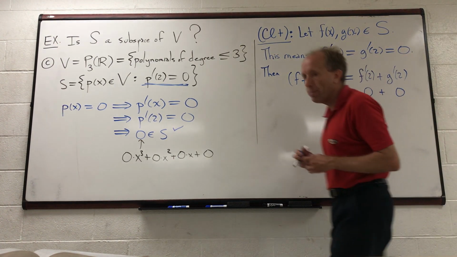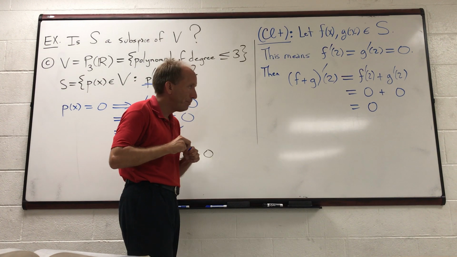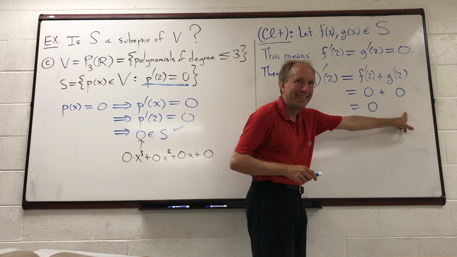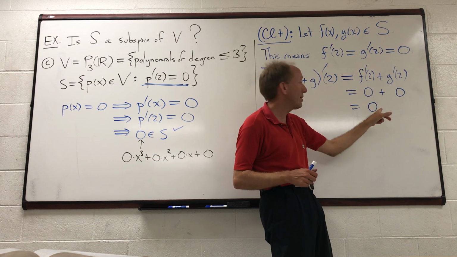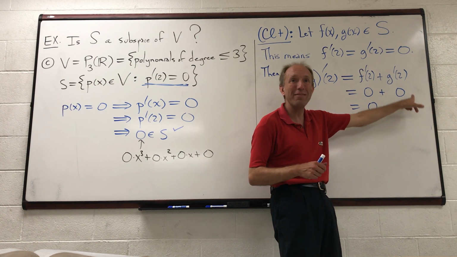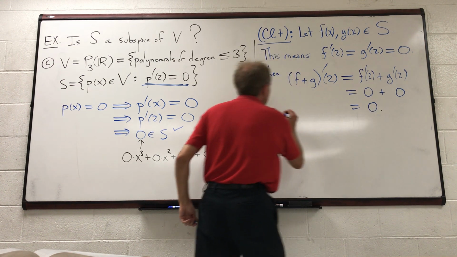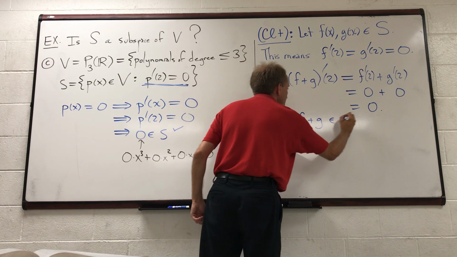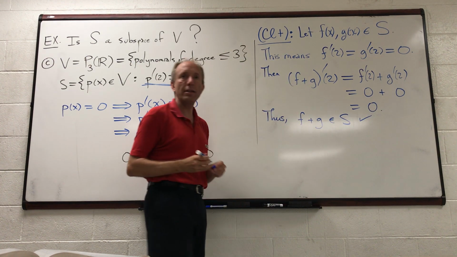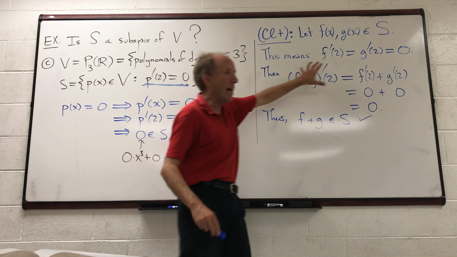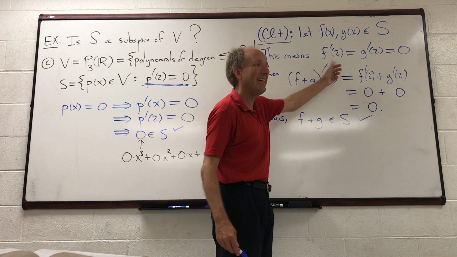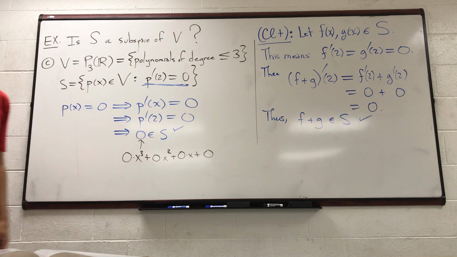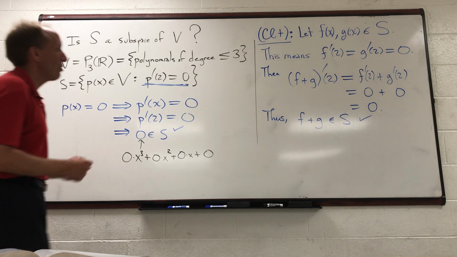Now, one thing to be a little careful about here, don't write element of S here, because you're not trying to tell me that 0 is an element of S. What you need to do is come over here and write one more thing. f plus g is an element of S, right? The condition for that has been checked right here. And then we're just drawing the conclusion on the last line. Does that look good? Okay, great.